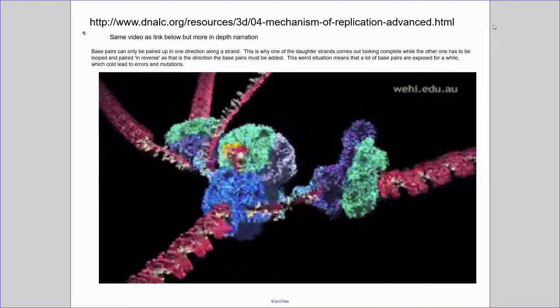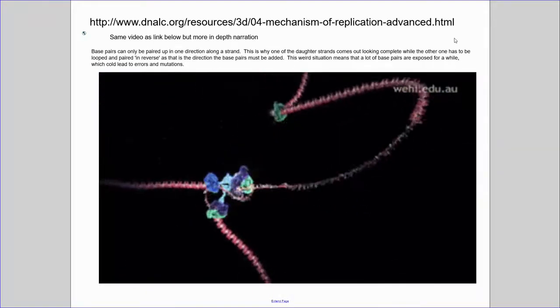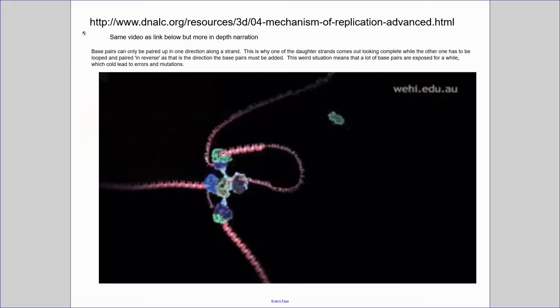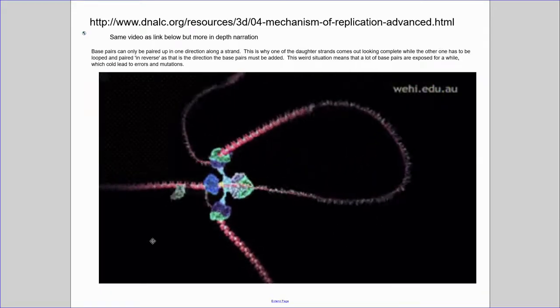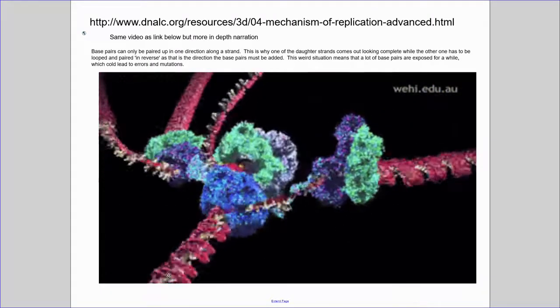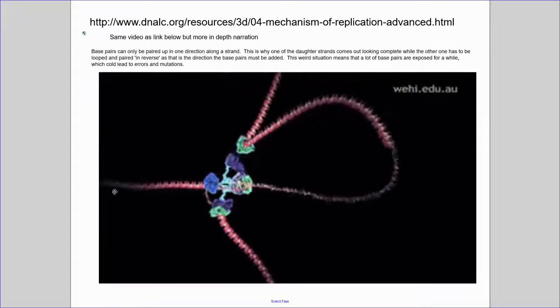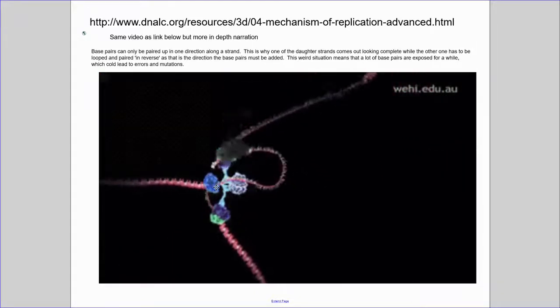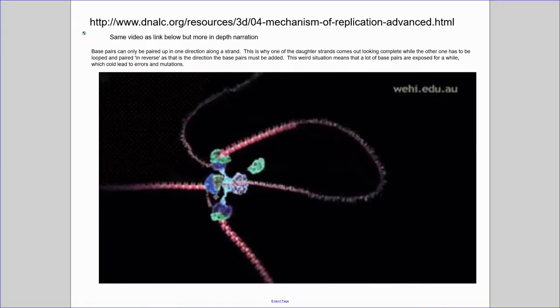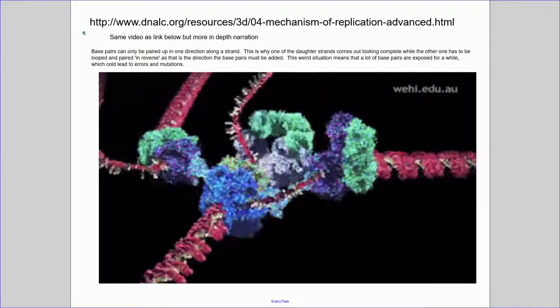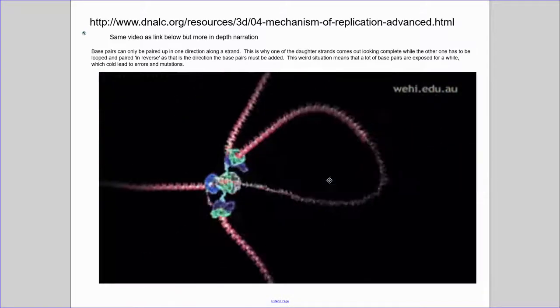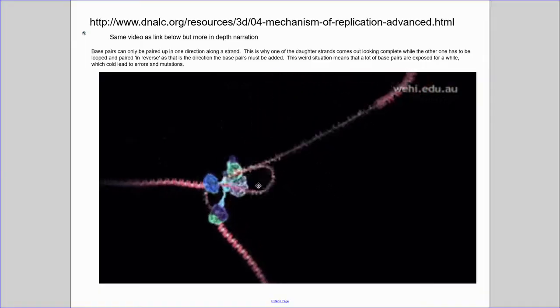So one point where mutations are likely to occur is during DNA replication, which is what this animation is trying to show. So in this case, you have a DNA double helix coming in. This enzyme here called helicase is going to spin so fast that it actually separates the two strands. You can see one going this way off to the right, and then another one going straight ahead like that.